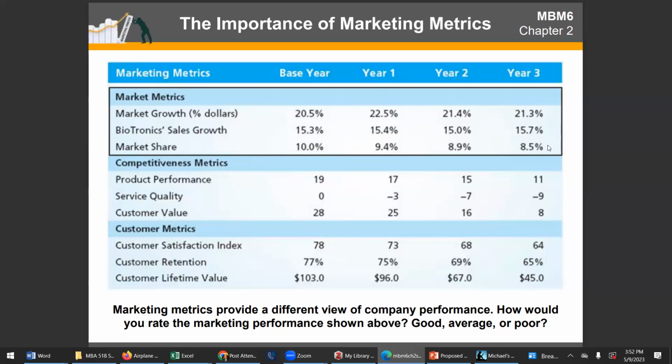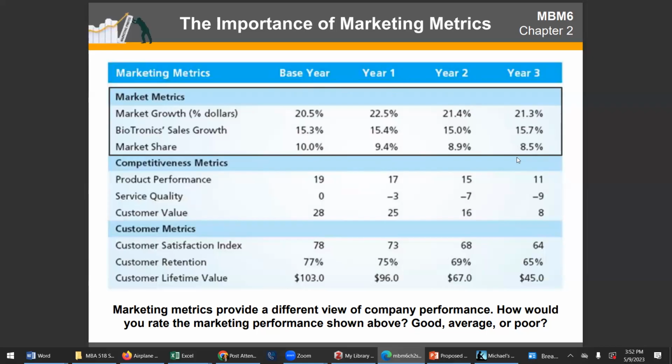What that means is that our competitors are stealing share from us, right? Not a good thing.